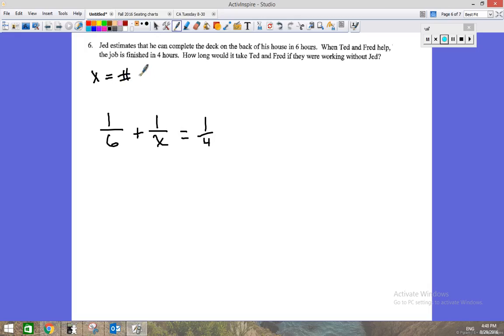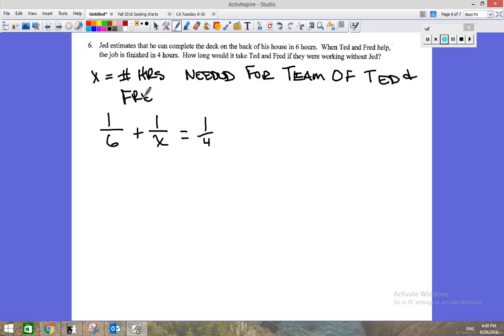So x is the number of hours needed for the team of Ted and Fred to complete the job.